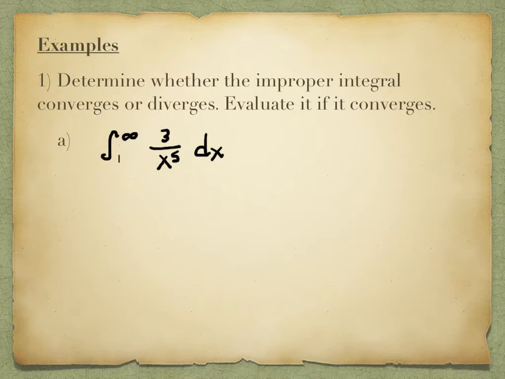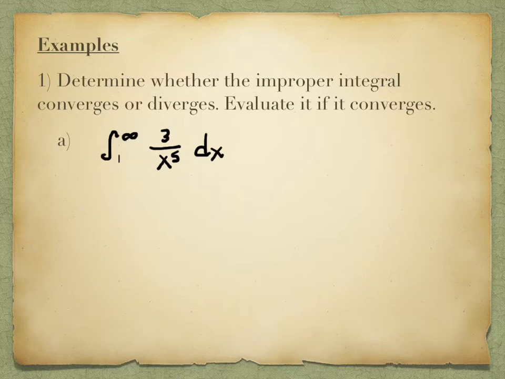The way they ask the question feels like it's backwards to me. Because the way we're going to decide if it converges or diverges is that we are going to attempt to evaluate it. If we are successful in evaluating it with a number, that is, the answer is 5, it means it converges because it has an answer that's a numerical value.